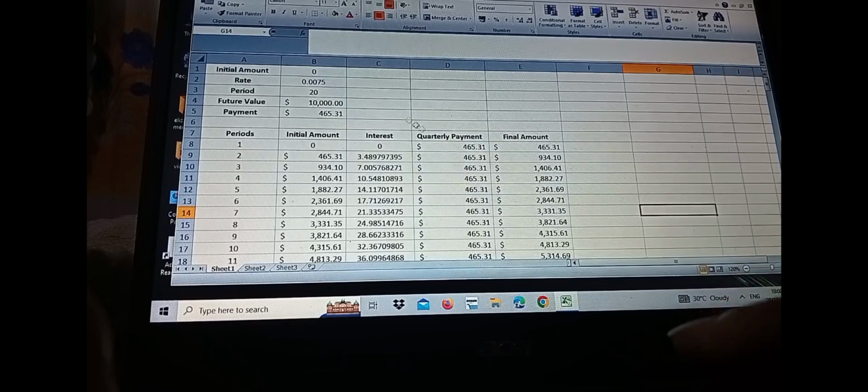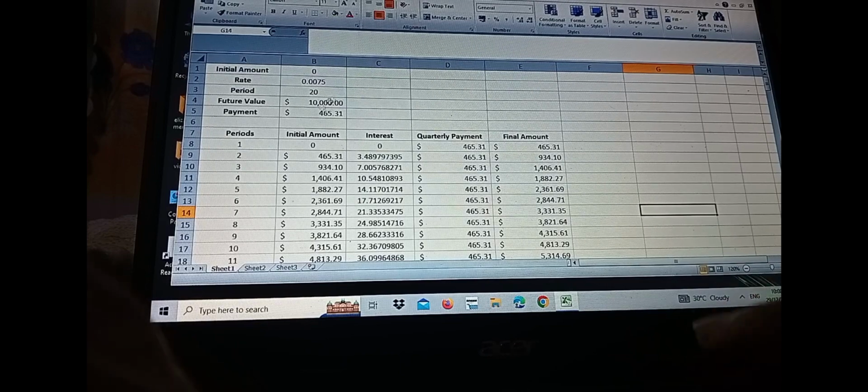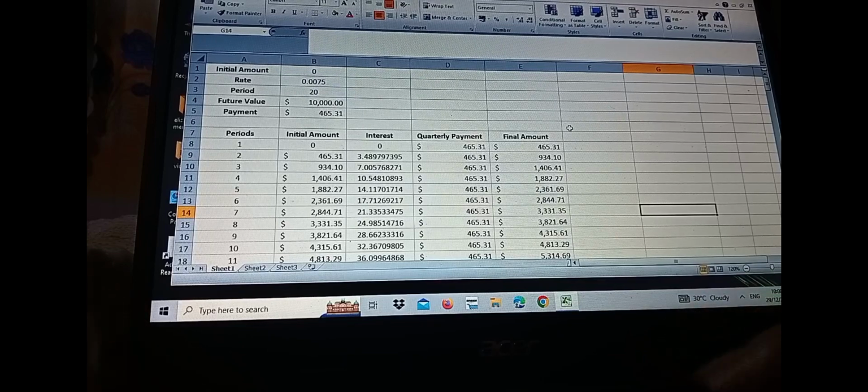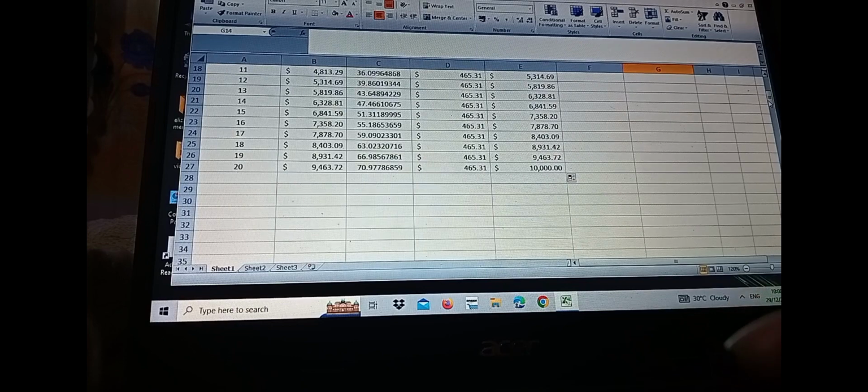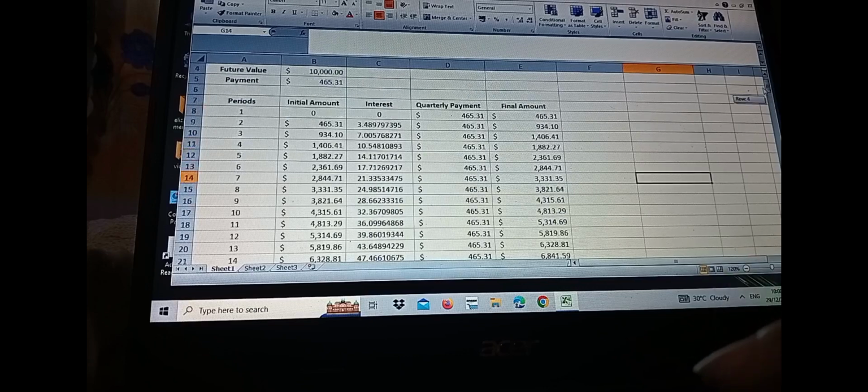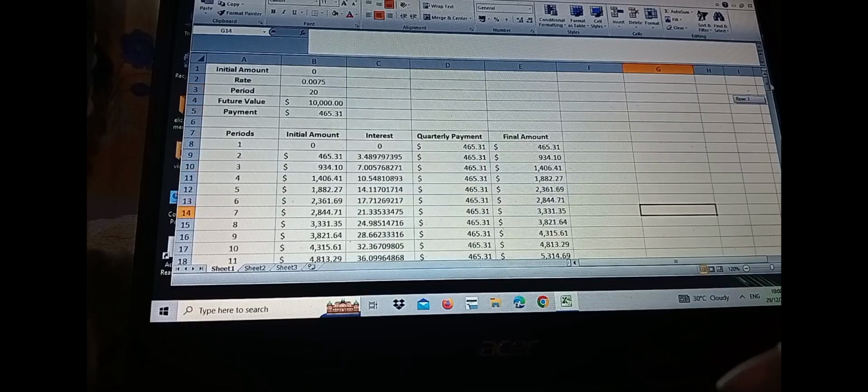So our sinking fund schedule is correct. Here we got the future value which is 10,000, and in the 20th period our final amount is 10,000. So it is correct. Our sinking fund schedule is correct.